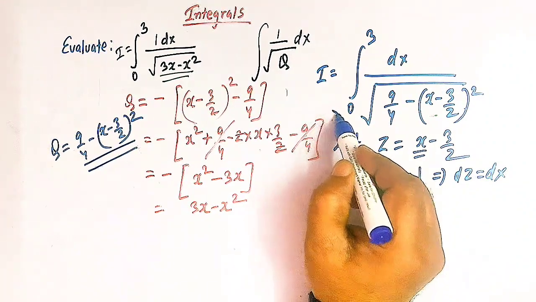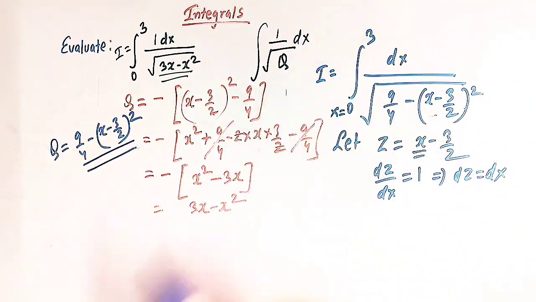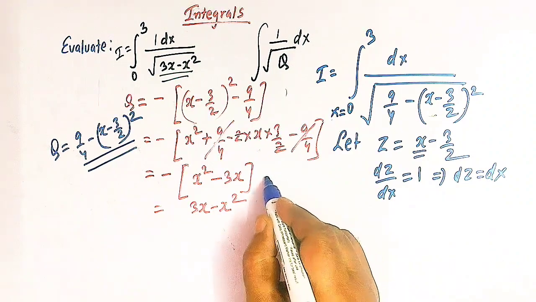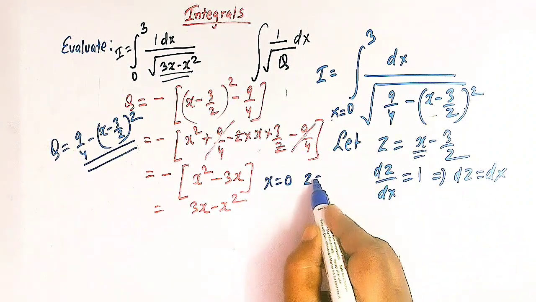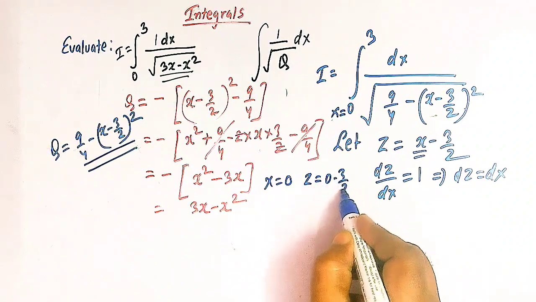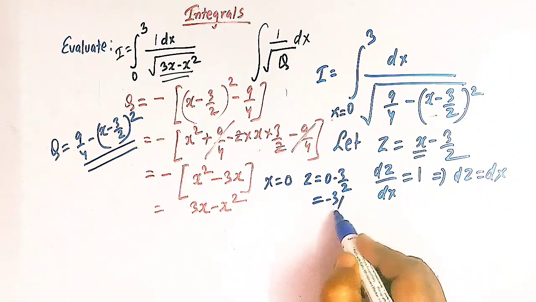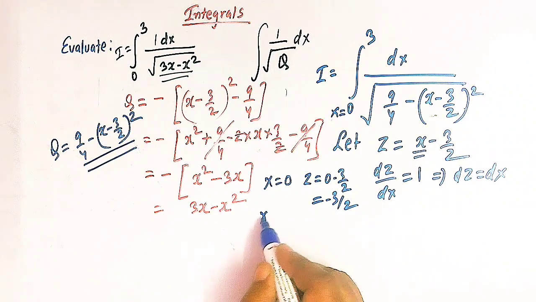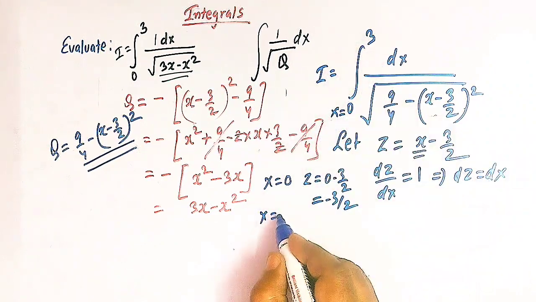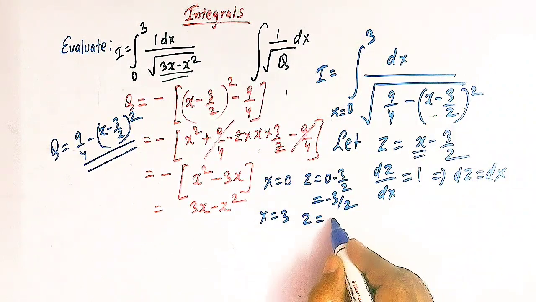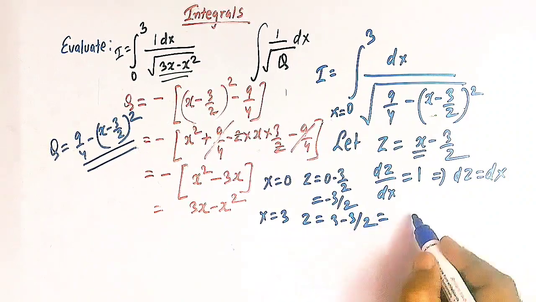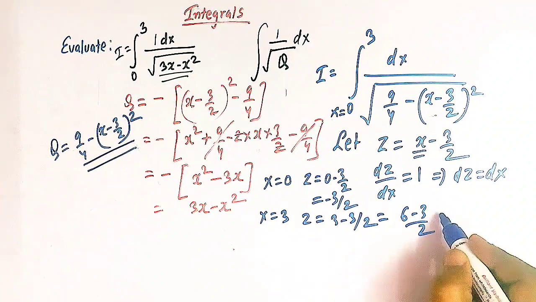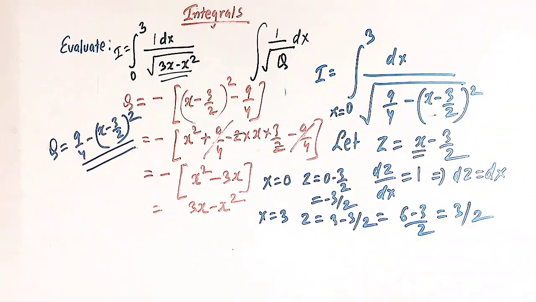Now the limits of integration vary from 0 to 3. So when x is 0, the value of z is 0 minus 3/2, that is minus 3/2. And when x is 3, the value of z is 3 minus 3/2, that is 6 minus 3 over 2, that is 3/2, right?